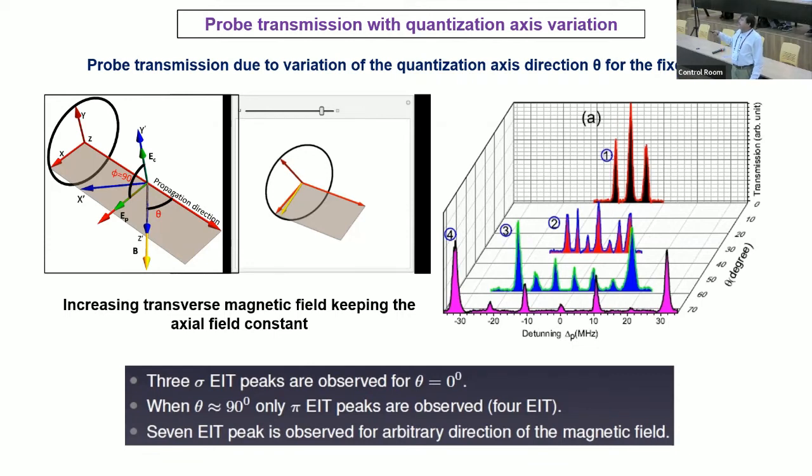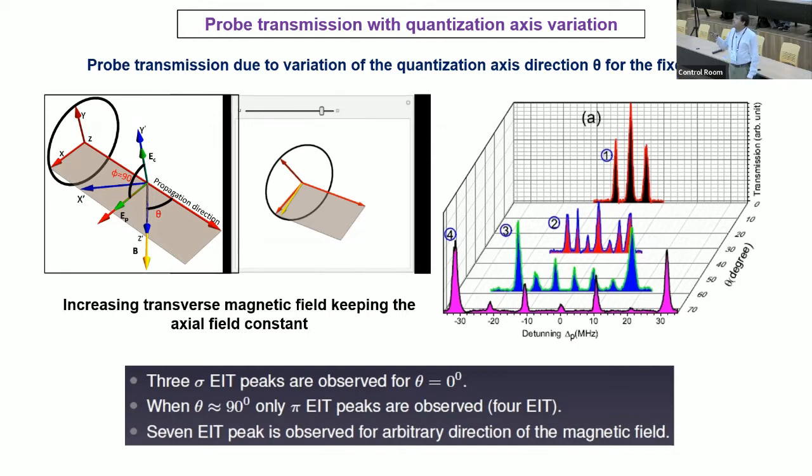Then when I change the resultant B field, that is the quantization axis, from theta equal to 0 to theta close to 90, over here we had the sigma transition because the electric field was perpendicular. But over here, the electric field and the magnetic field both are in the same direction. So at theta close to 90, we will only get the pi EIT peaks.